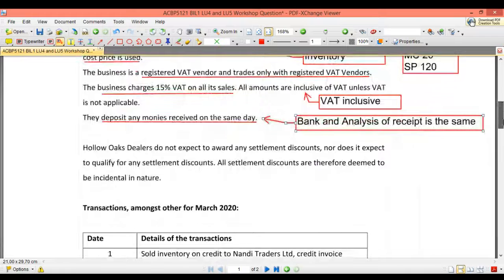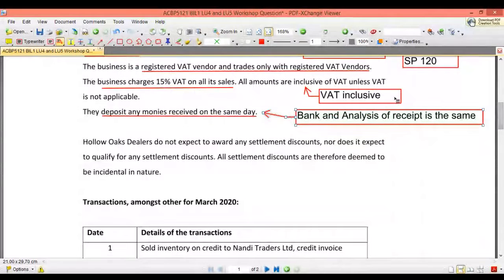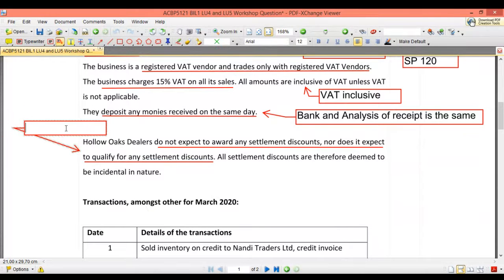Okay, then they tell you that Hollow Oaks Dealers do not expect to award any settlement discounts, and do not expect to qualify for any discounts. The reason they tell you this is that in the event there are any, this would be dealt with under your general journal, as an exception.